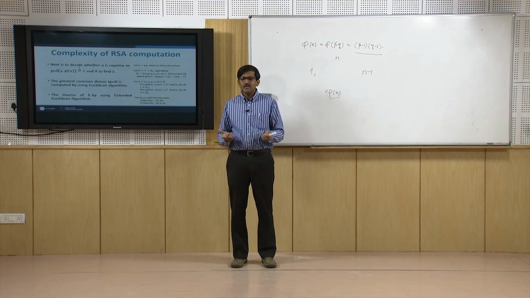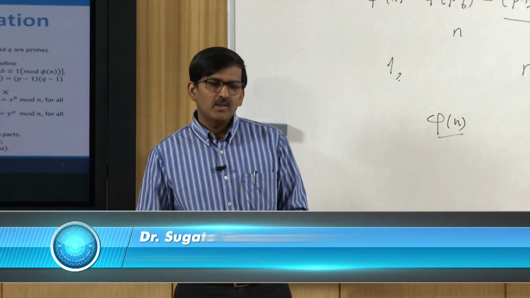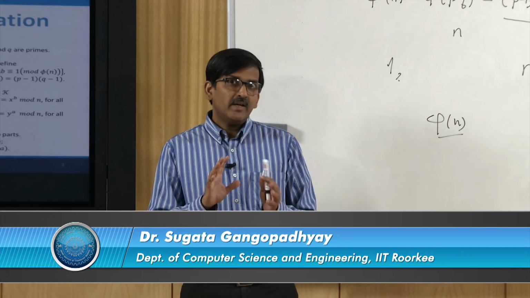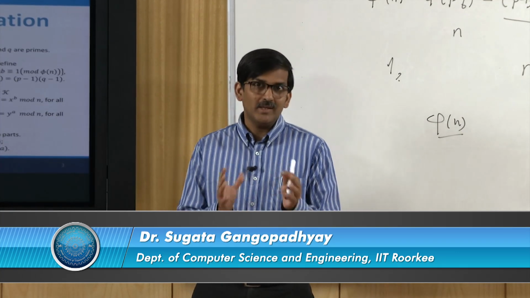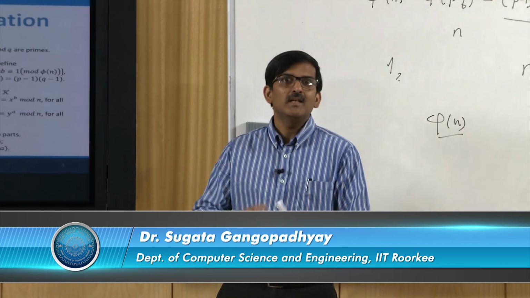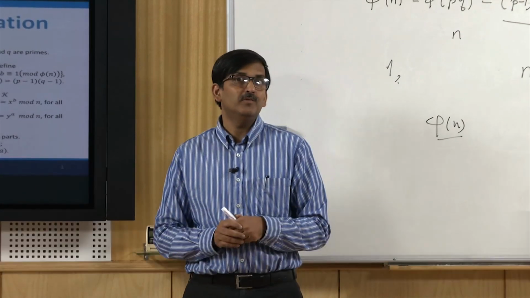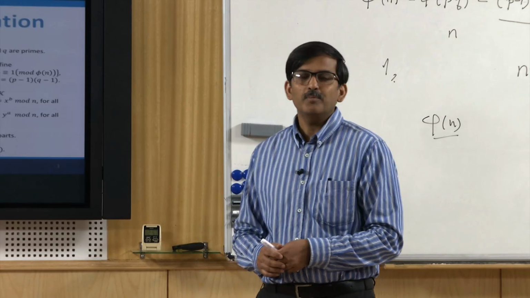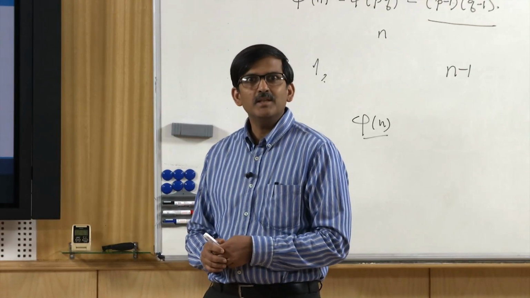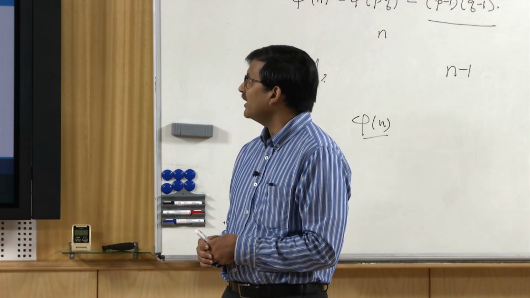So, this is where the security of RSA lies, and this is the problem that is difficult to solve. But now we are assuming that we are the people who are setting up the key. So, therefore, we know phi n.